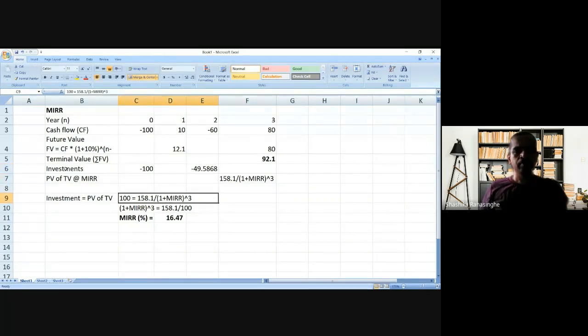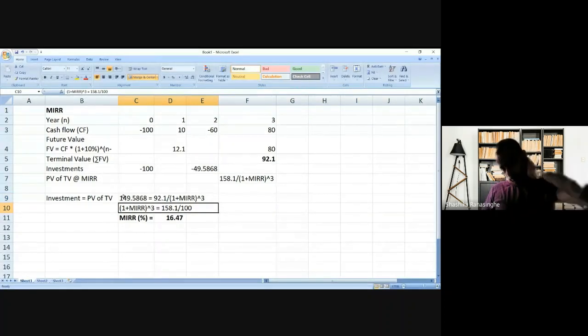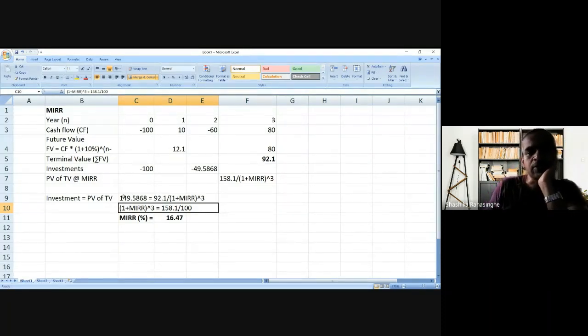So your investment will then be 149.5868 equal to 92.1. Okay. So that's how it will work.